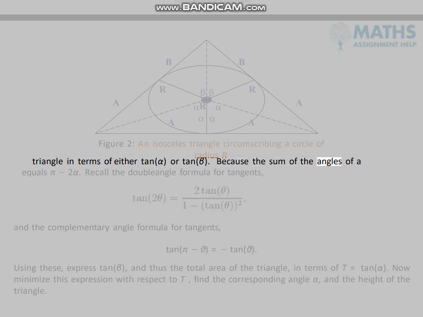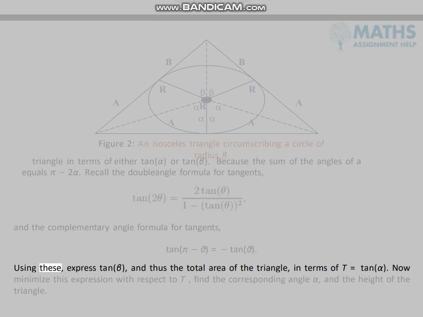Because the sum of the angles of the triangle is pi, beta equals pi minus 2 alpha. Recall the double angle formula for tangents and the complementary angle formula for tangents: tan(pi minus theta) equals minus tan theta. Using these, express tan beta, and thus the total area of the triangle, in terms of t equals tan alpha.